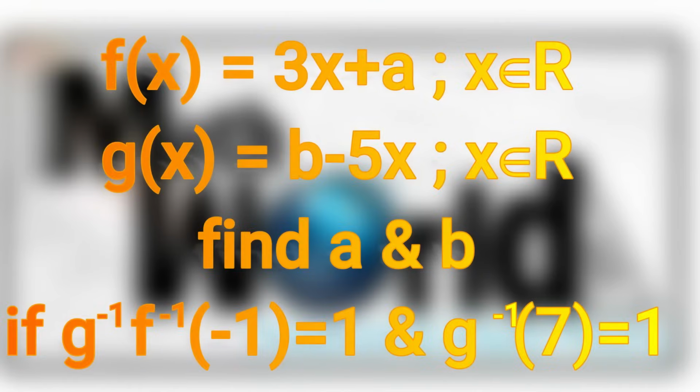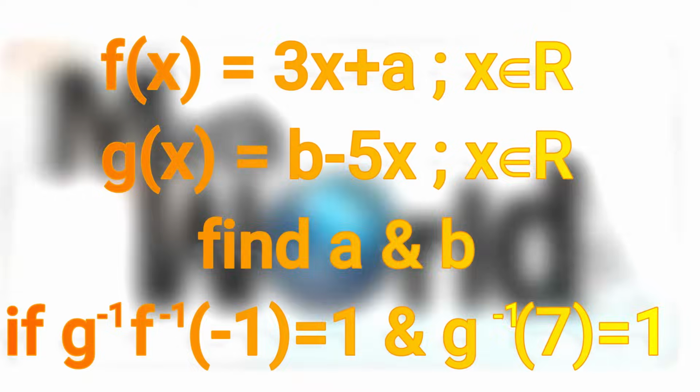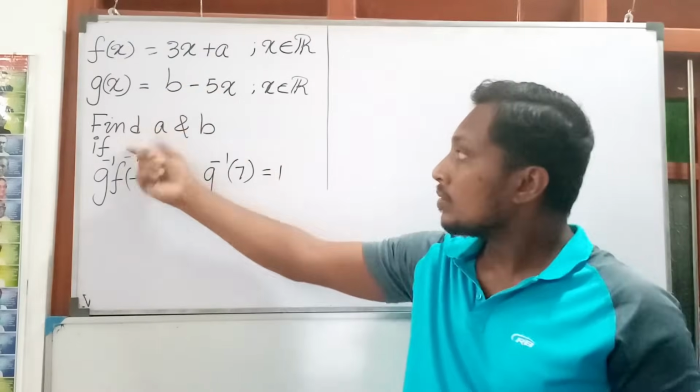There's another question. f(x) equals 3x plus a and g(x) equals b minus 5x. The question is to find a and b given that g inverse of f inverse of minus 1 is equal to 1 and g inverse of 7 is equal to 1.